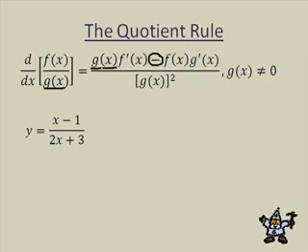It's subtract, not addition, like in the product rule. The function in the numerator times the derivative of the denominator, all over the denominator squared. And not the derivative of the denominator, just the denominator squared. Okay? So it's right up there.